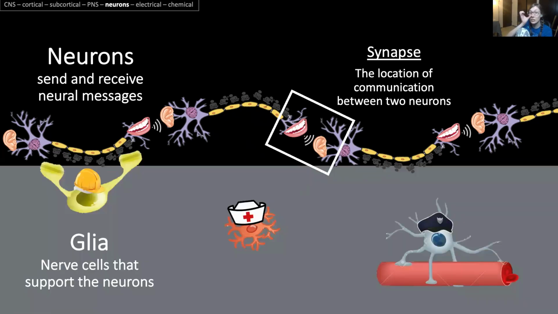Now, in addition to neurons, there are other types of cells in the nervous system. Whereas neurons are the cells that communicate, send and receive neural messages, glial cells, or glia for plural form, are cells that do everything else. So these are nerve cells that support and take care of all other functions besides that actual communication.